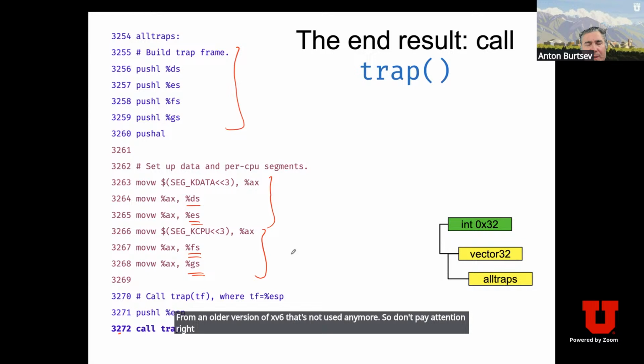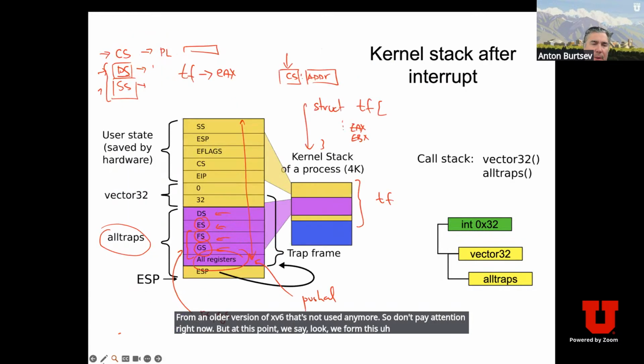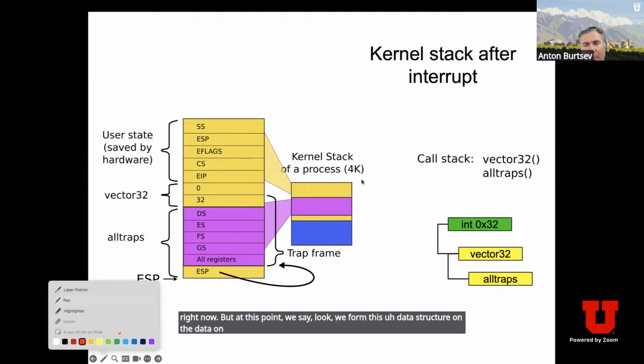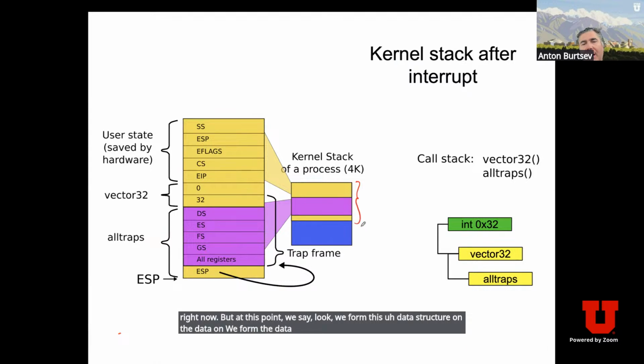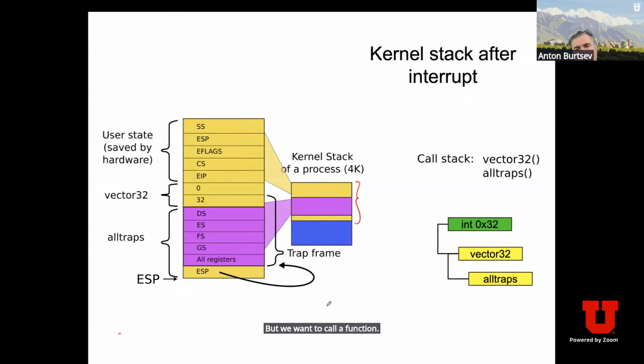At this point, we form the data structure on the stack, but we want to call a function, the function trap, and it's a C function. The C function takes a pointer to this trap frame as an argument.